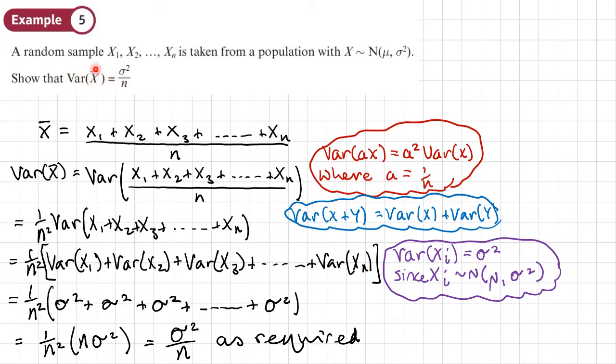So n times the variance of the sample means equals the population variance. So we're using our sample mean to calculate a population parameter, the variance.